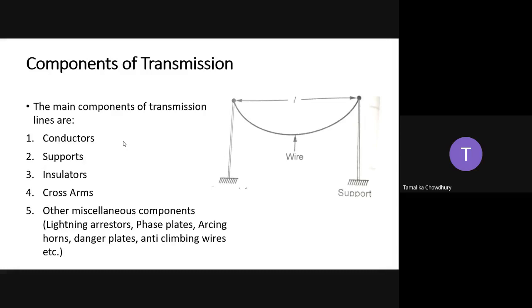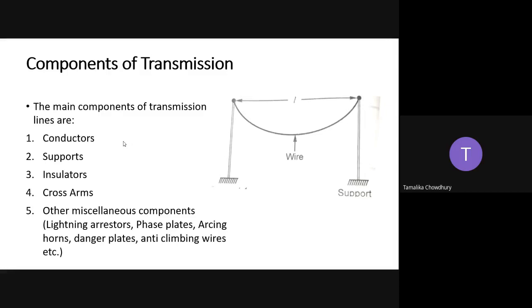Next, you can see that the next important component is supports. Supports are marked by the pole in the diagram. You can see the pole or the tower-like structure that is carrying the conductor, between which the conductor or wire is hanging. That is the support. Now support is the next important thing.